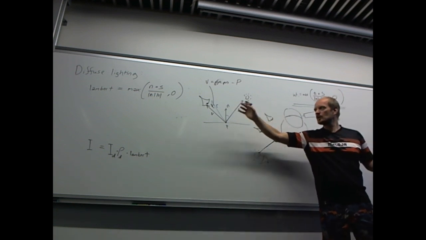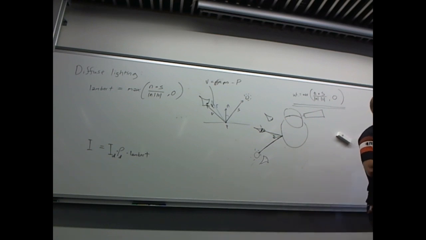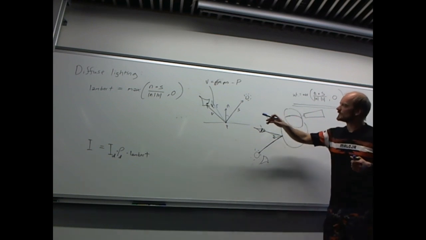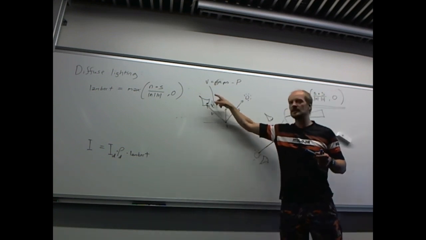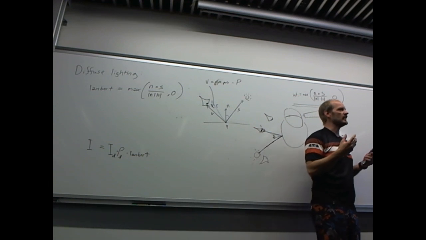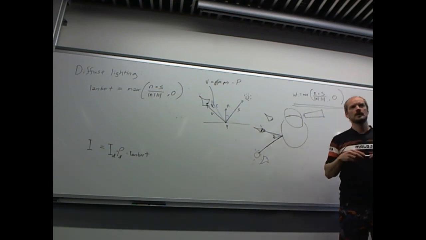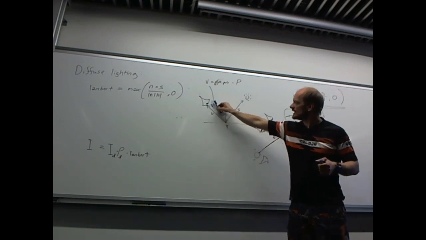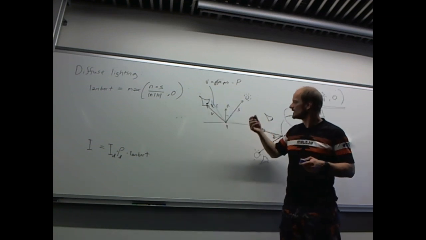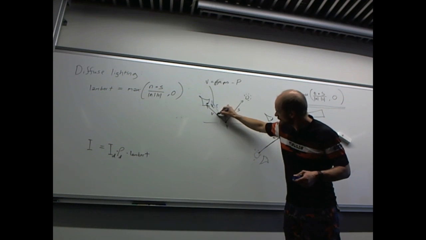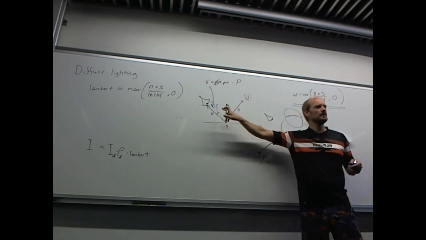If R were parallel to what? Okay, if R were parallel to V, that would mean the light is reflecting directly into the camera. I should get the highest intensity there. I should get a full 1 there. Let's imagine for now that we're just going to let it drop off at the same rate as the other. So we're just interested in the cosine. So the cosine of this angle would be what we're looking at.